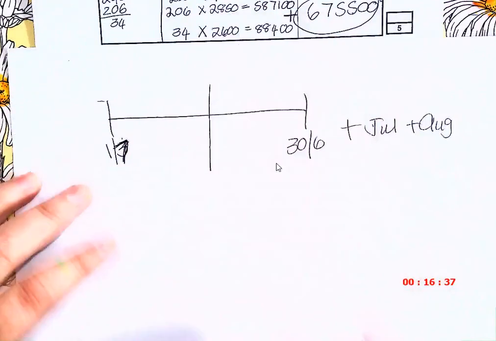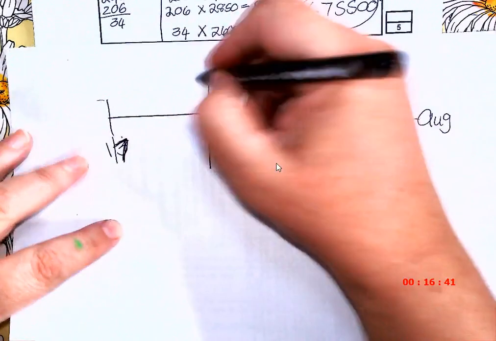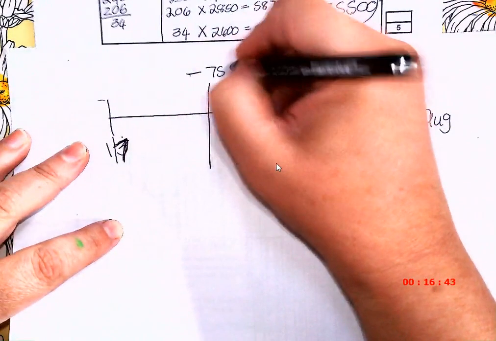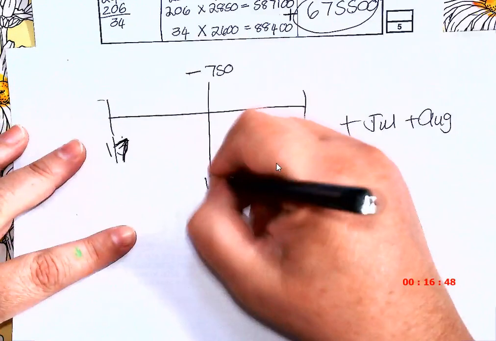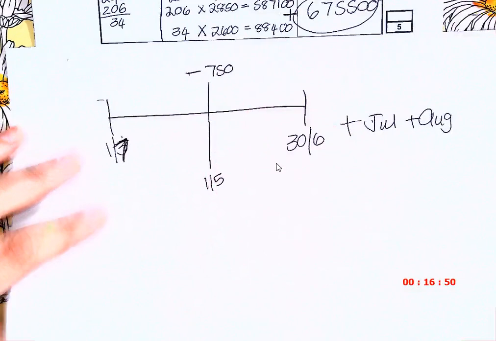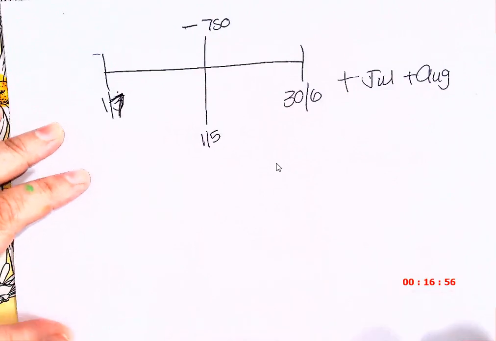They say it was decreased with 750 from when? 1st of May. Now, what you do with this, and I'm saying again, if you are not good with these calculations, don't do it. It does not count enough.